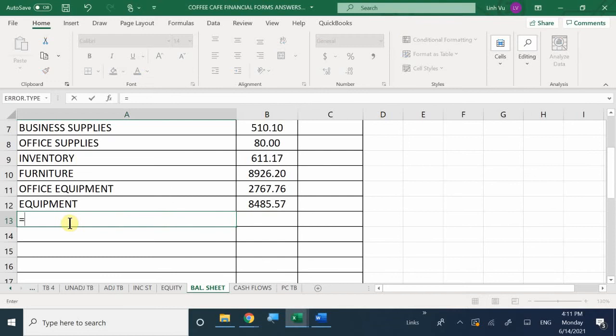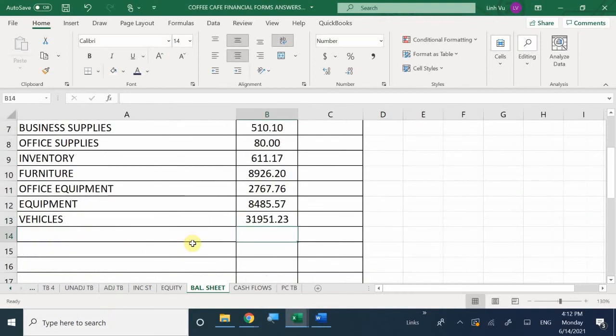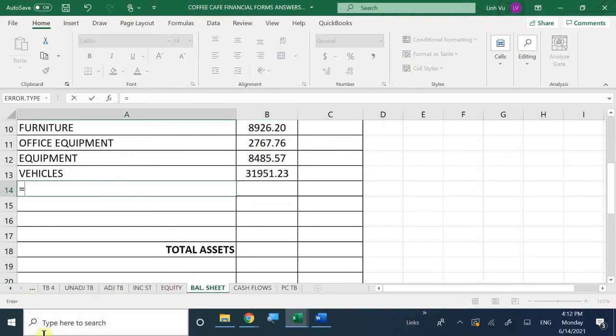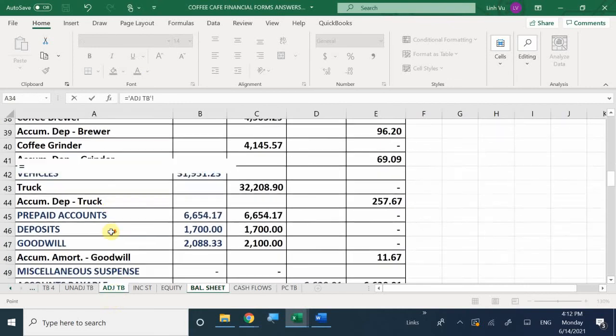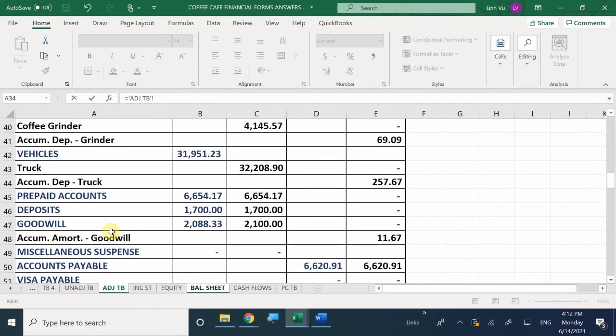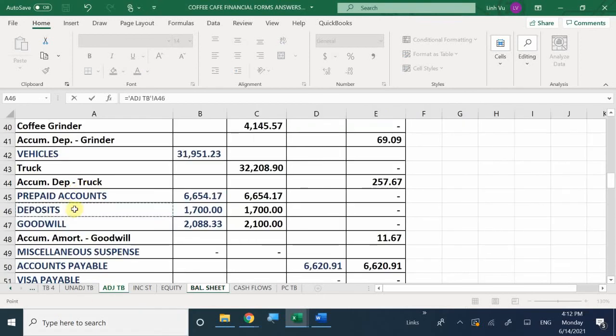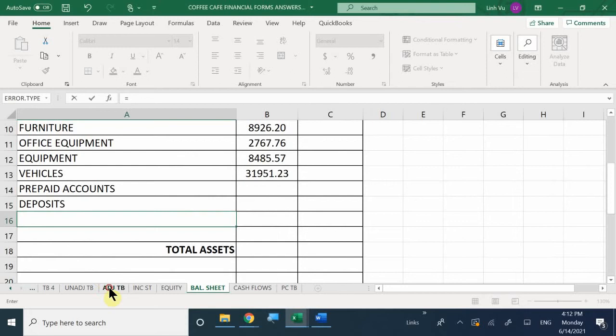Vehicles for 31.951.23. And then the prepaid, deposits and goodwill, right?